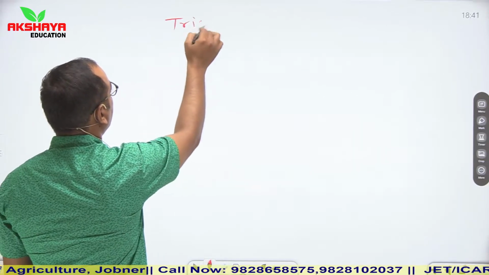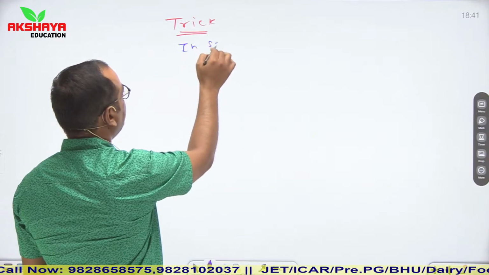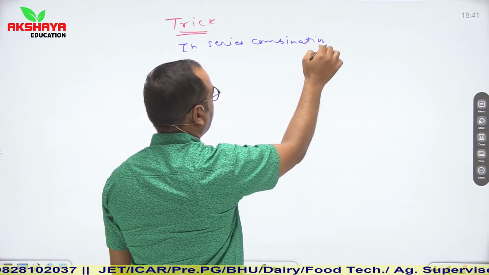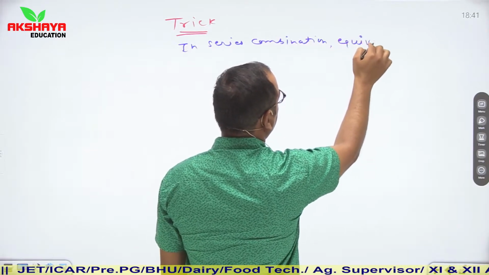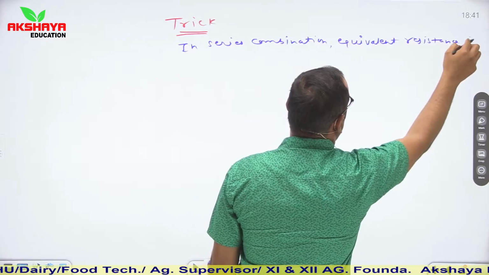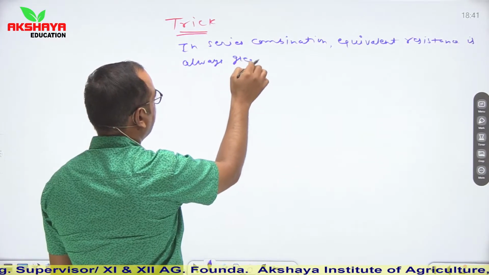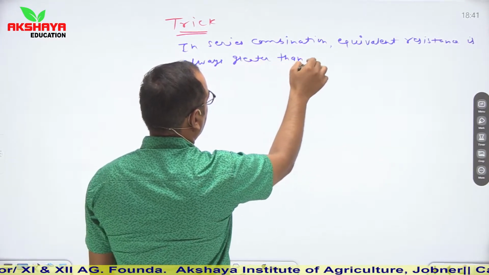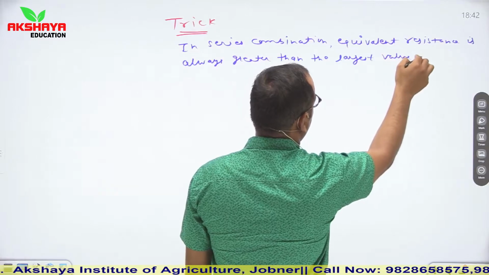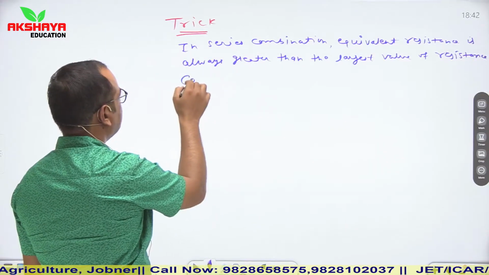So the trick is: in series combination, equivalent resistance is always greater than the largest value of resistance connected in circuit.